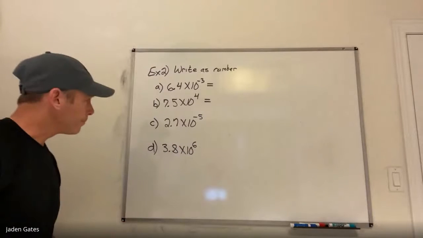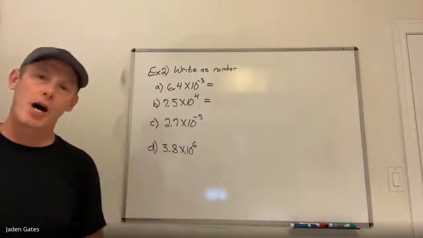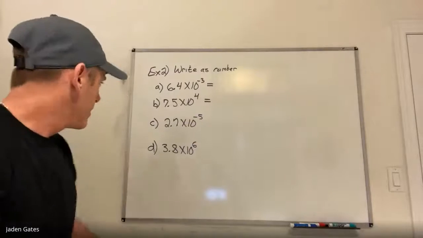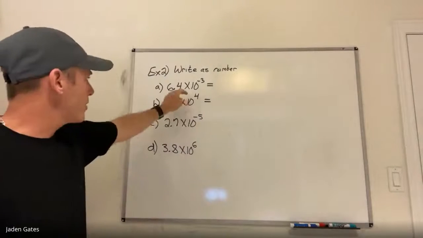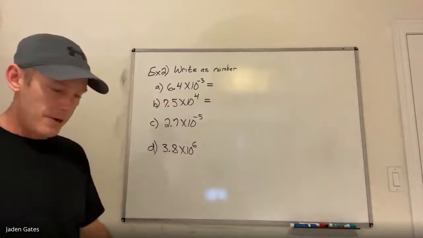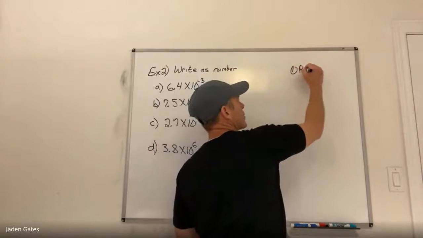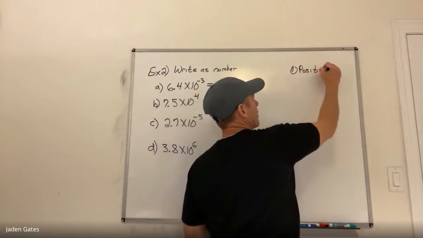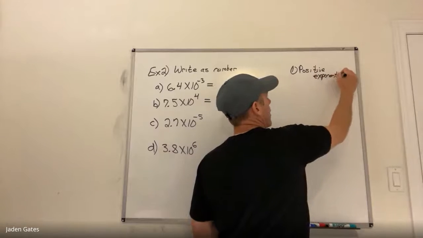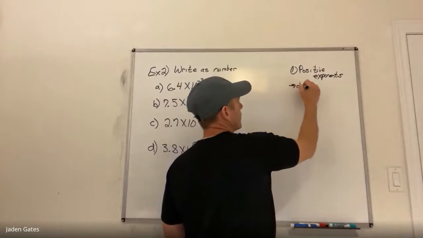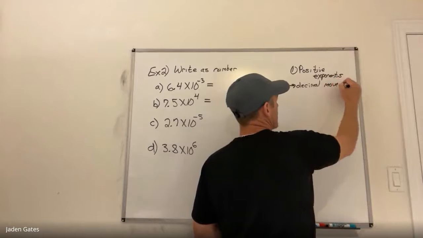All right, now, a couple of things. We've got to work with the exponent. Again, there's a difference between positive and negative, because the negative is going to mean it's a small number, and the positive exponent means we're going to get a big number. Now here's the key or the trick: with positive exponents, our decimal moves right.